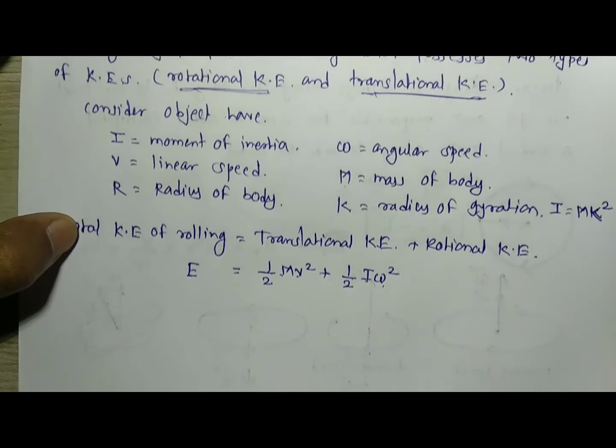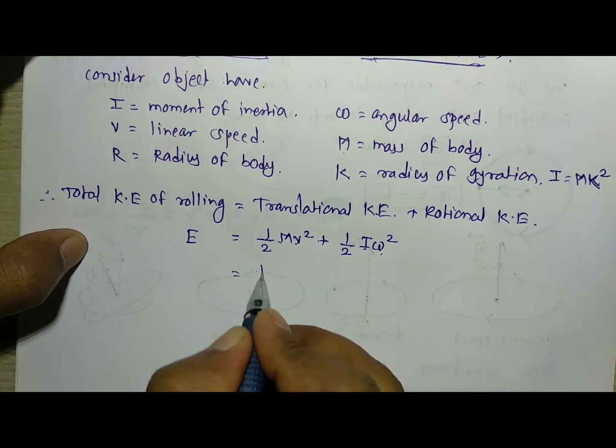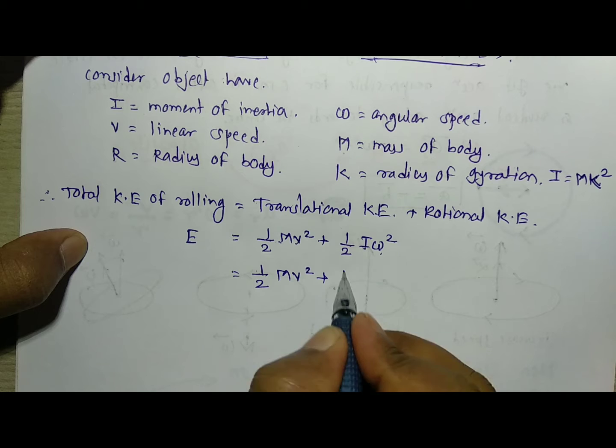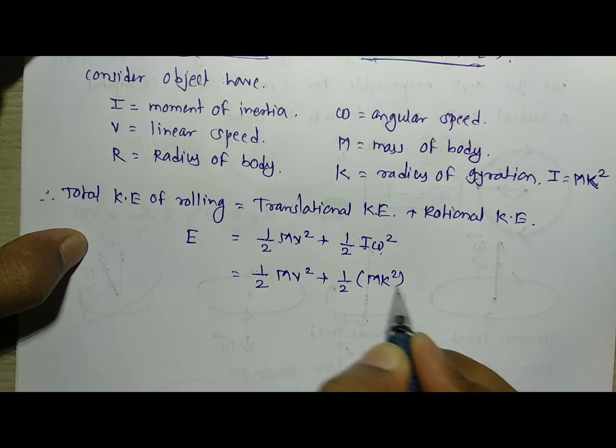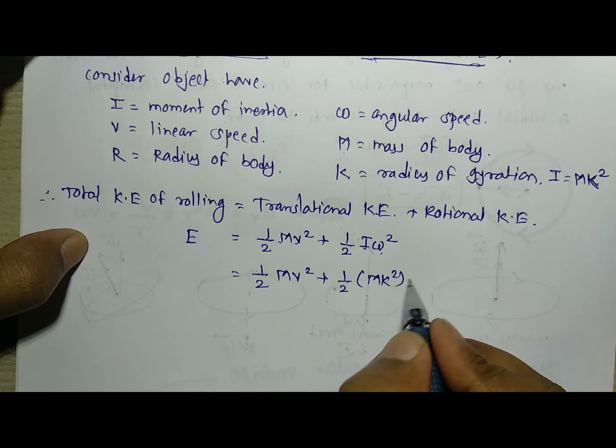Now we know that I is equal to m k square, and therefore you get 1/2 m v square plus 1/2 m k square into omega square.